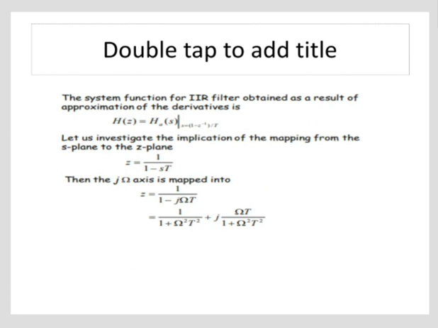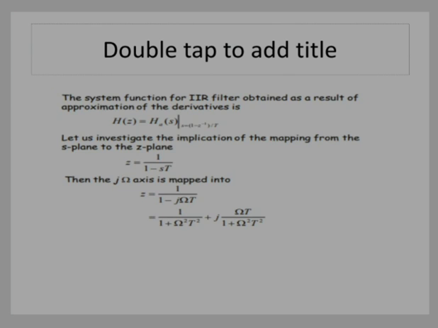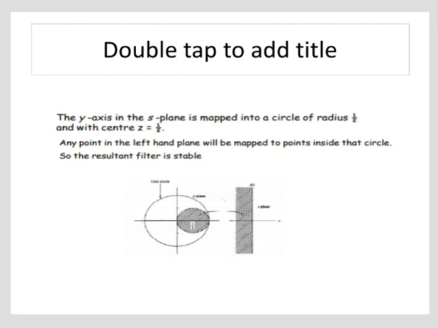Then the jΩ axis is mapped into this equation, a circle of radius 1/2 with center at z = 1/2. Any point in the left half plane will be mapped to a point inside that circle, so the resultant filter is stable.